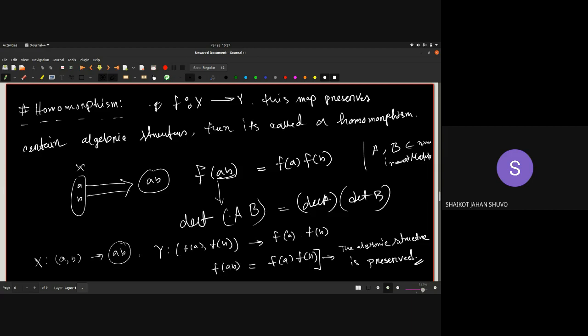So for now, just take this definition in, and maybe later we'll see how to find these and how to apply them in different scenarios. So is this homomorphism thing clear to everybody?